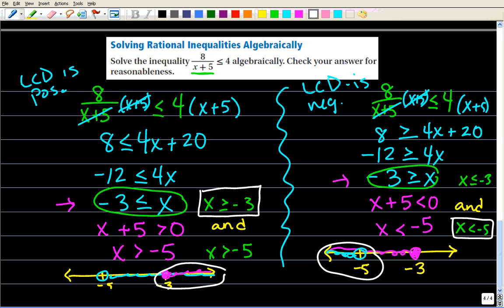And maybe this seems a little bit strange, but we now have to combine the two parts. It's AND when we're looking in each part, but then it's an OR whenever we're considering the final solution. So our solution would be the set of all x's where x is less than negative 5 or x is greater than or equal to negative 3.